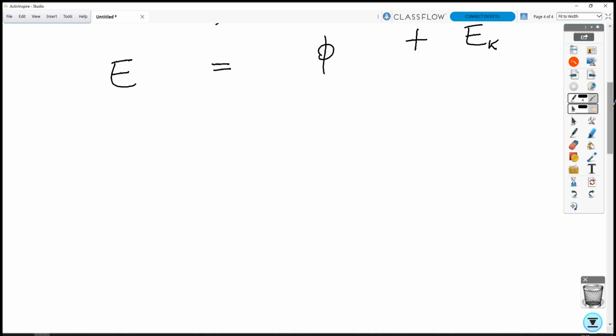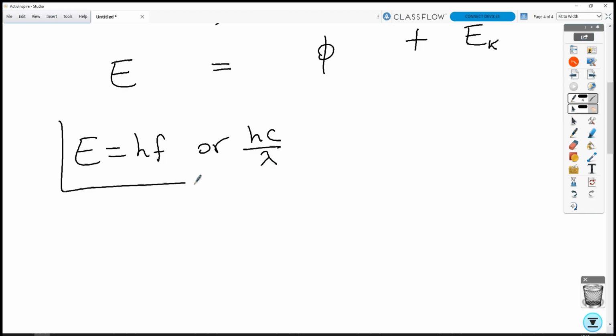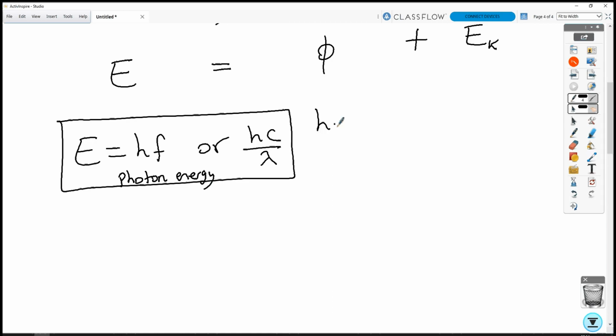So E is equal to hf, or hc over lambda. Put a box around that equation, and we'll label this as the photon energy. And we'll also recall that h is called Planck's constant.